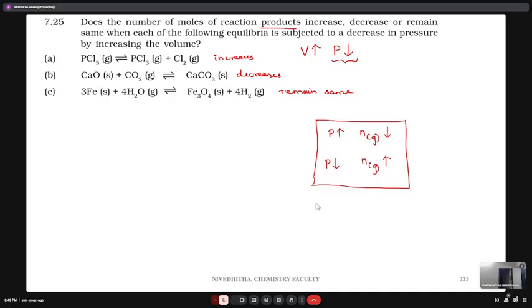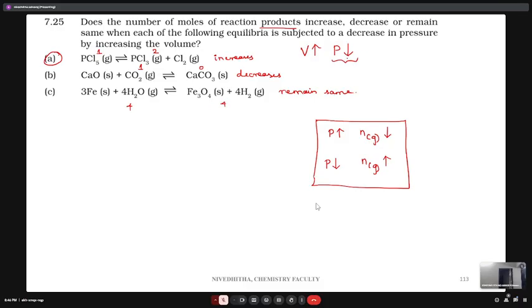So, in the first reaction, on the reactant side, we have only 1 mole of gaseous reactant. Here, we have 2 moles of gaseous product. In the second reaction, we have 1 mole of gaseous reactant and there is no gaseous product. And in the third reaction, we have 4 moles of gaseous reactant and 4 moles of gaseous product.